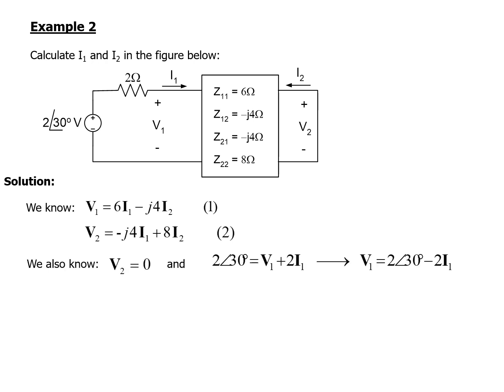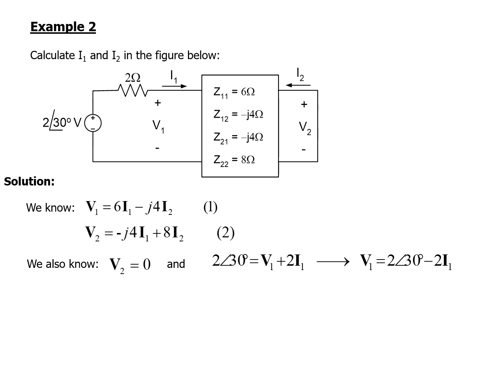So for the solution, we can straight away write down the equations from the impedance parameters. V1 equals 6I1 minus j4I2, and V2 is minus j4I1 plus 8I2. Note that the j terms are the imaginary j.